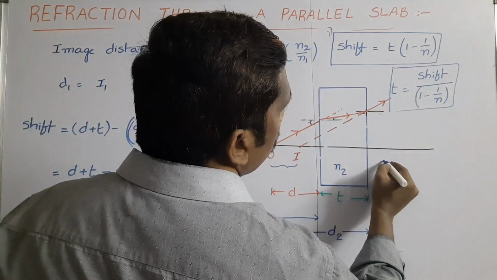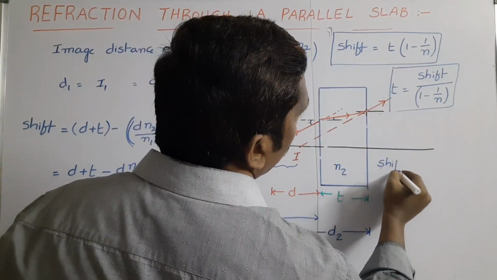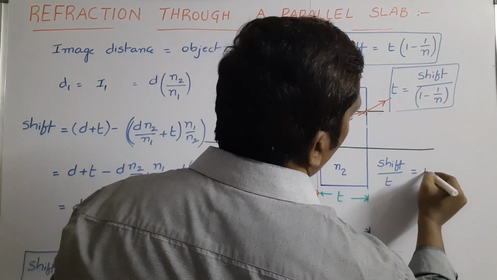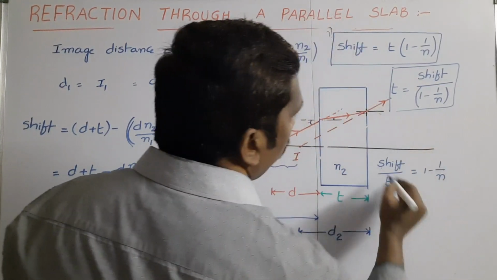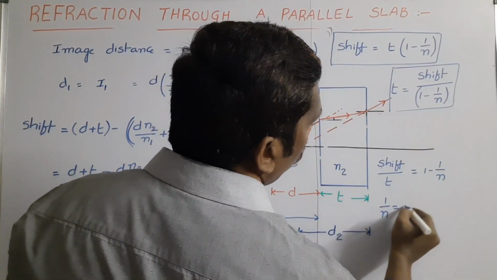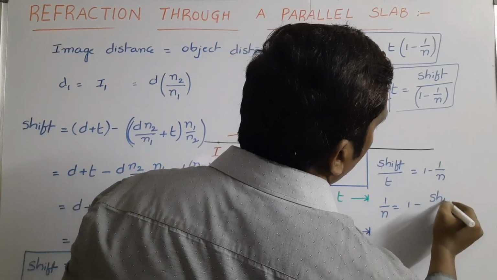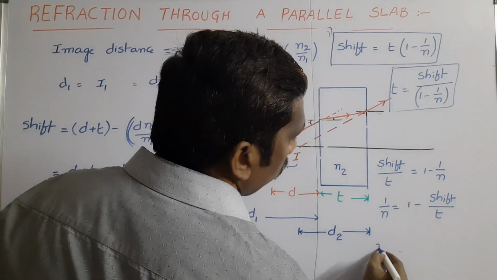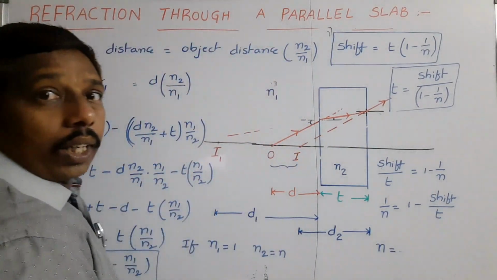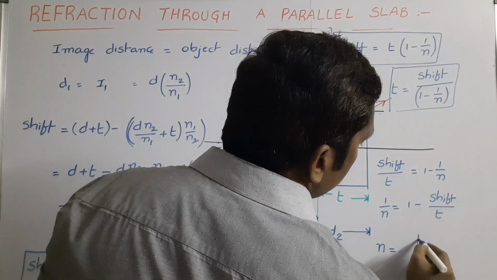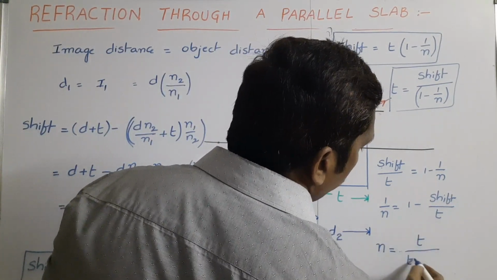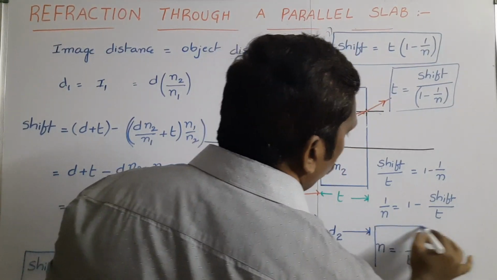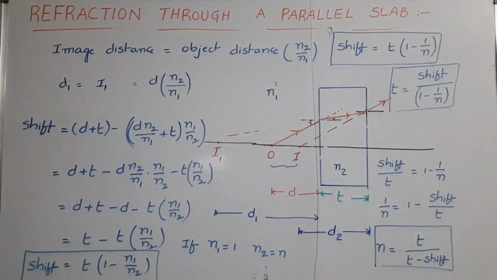From this, shift by thickness of the glass slab T is equal to 1 minus 1 by N. Taking this to the other side, 1 by N is equal to 1 minus shift by thickness of the glass slab T. Finally we can write N, the refractive index, is equal to T by T minus shift, that is, thickness of the glass slab by thickness of the glass slab minus shift. So this is the formula to calculate the refractive index in this case.